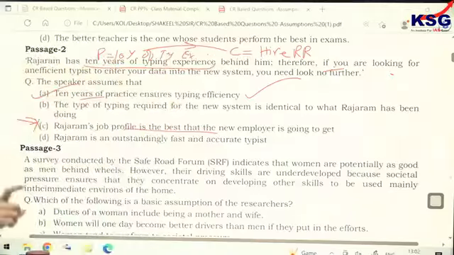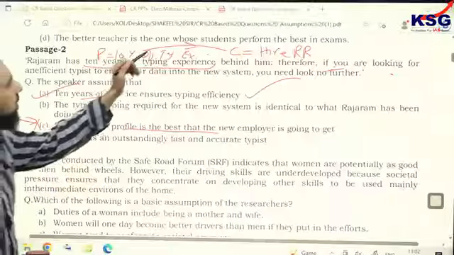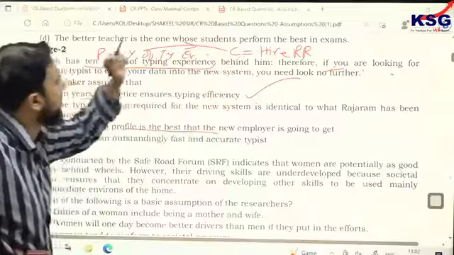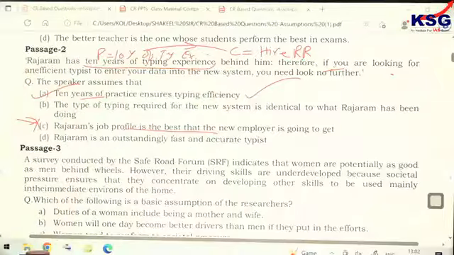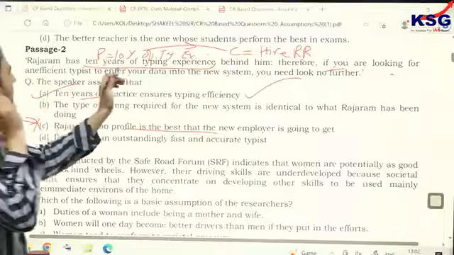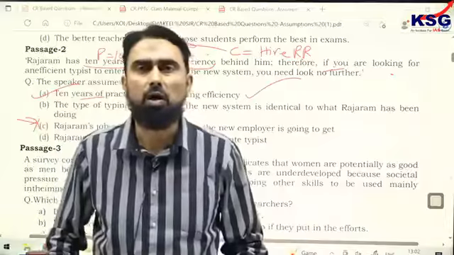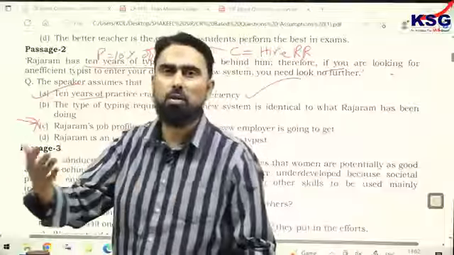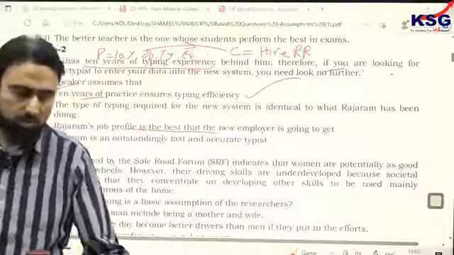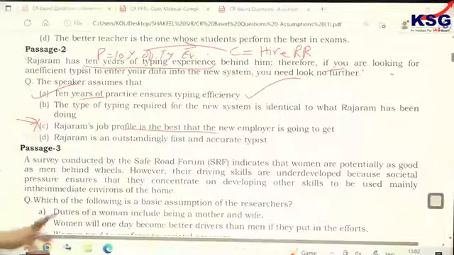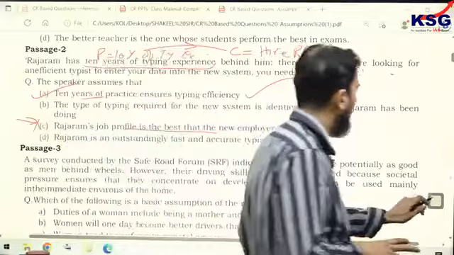I have told you the approach: identify C, identify P, and the correct option will be on the same trajectory connecting both P and C. So you will do that, okay? Suppose the author has said Rajaram is very handsome, so hire him. According to the author's premise and conclusion, we are supposed to choose the option. Otherwise you will not be doing your work, and both options would have been correct.